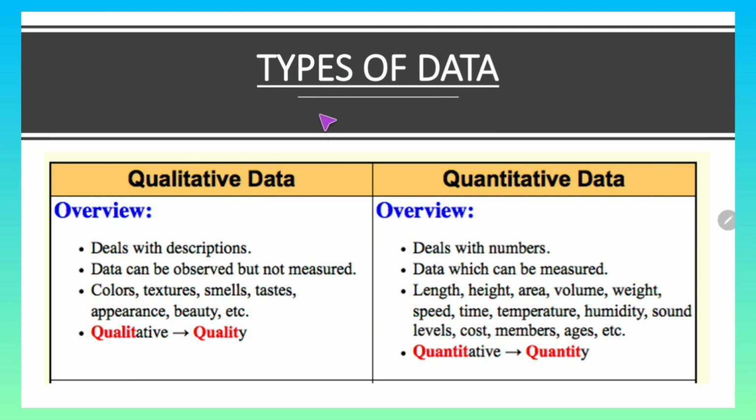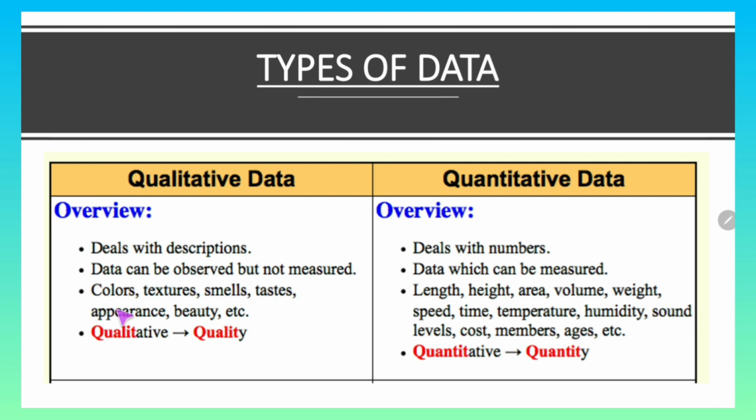Next, we move to types of data. The first one is qualitative data. Qualitative data deals with descriptions. It is data that can be observed but not measured.